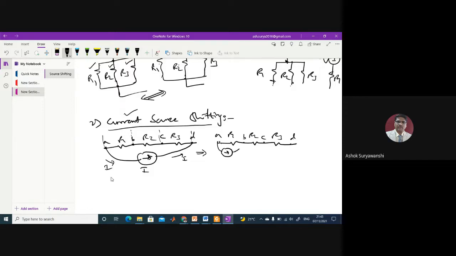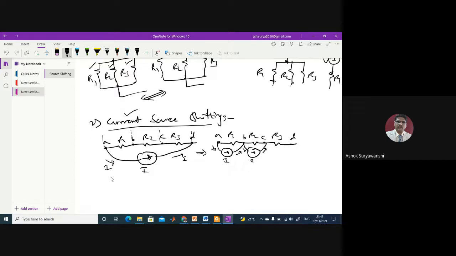This is my current source having value I. So it is leaving node A with value I and entering node B with value I. Then from B it is leaving with value I and entering at C with value I.